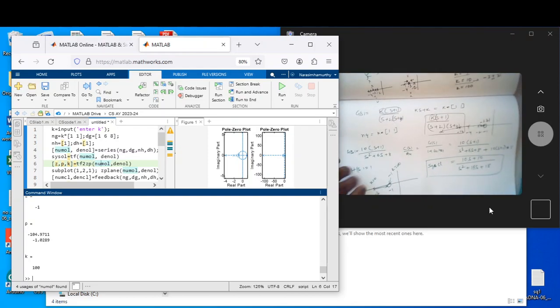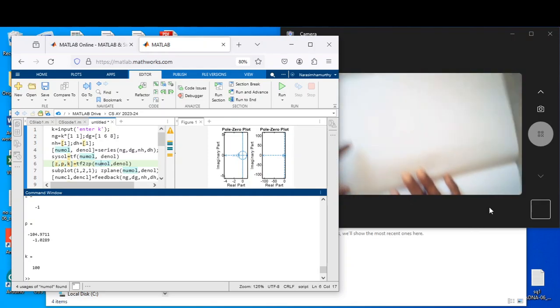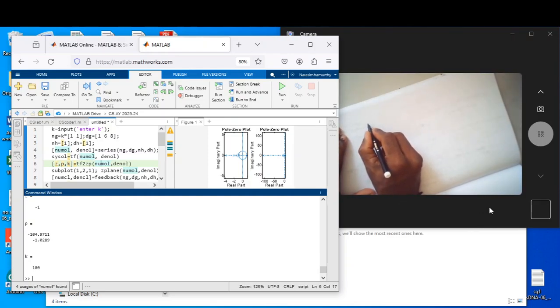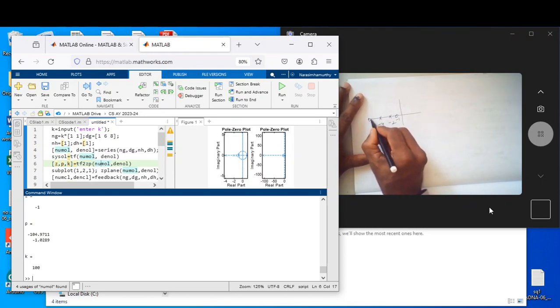And let us now introduce two zeros to this, and then try to see. So where are the poles and zeros now? There is a pole at minus 2, there is a pole at minus 4. Let me introduce a zero at minus 1, which is already introduced. Let me introduce this at minus 5.